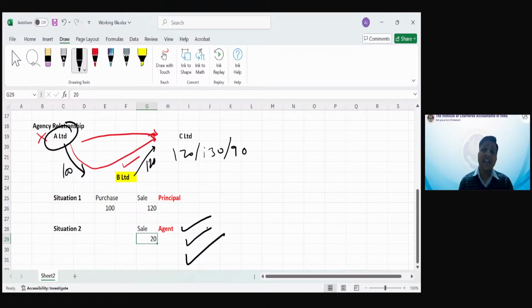And if B is acting as the agent, should B record a purchase and then a sale? No. Why? Because B will get a commission income, or you can say the margin. That is what you call the revenue of B. Understood? So this is the concept of agency relationship. Everyone clear on this?